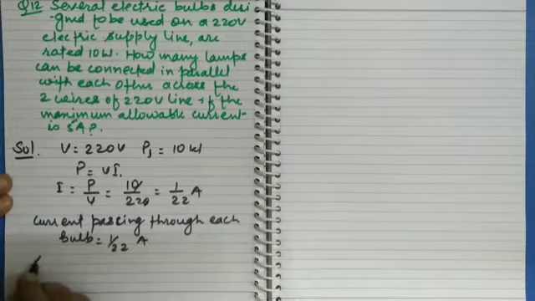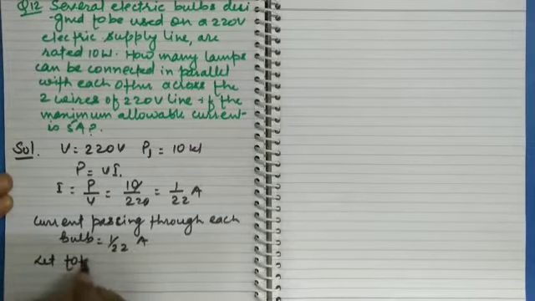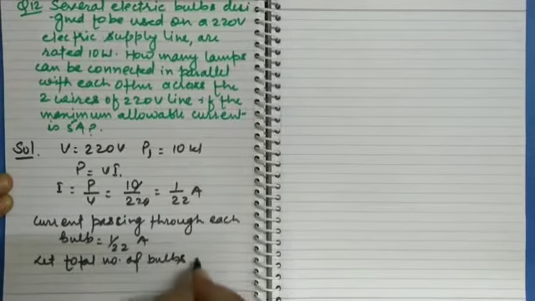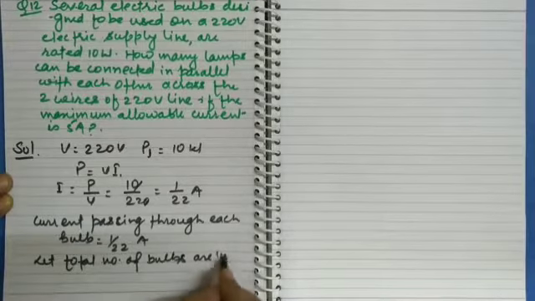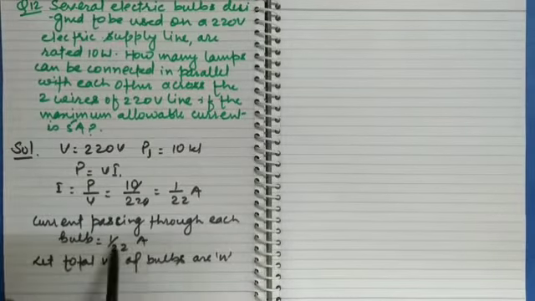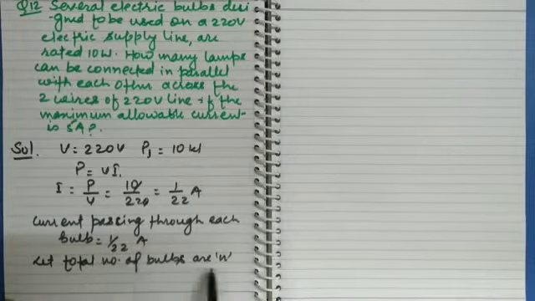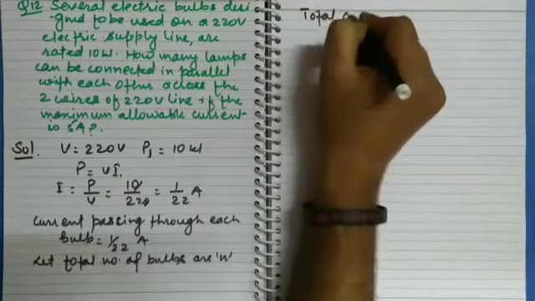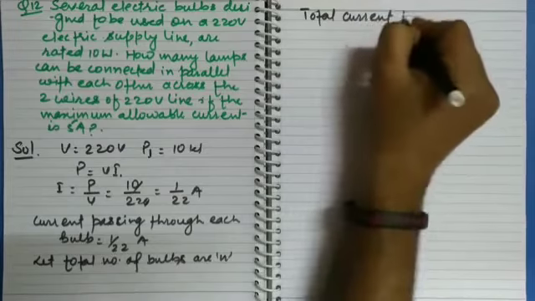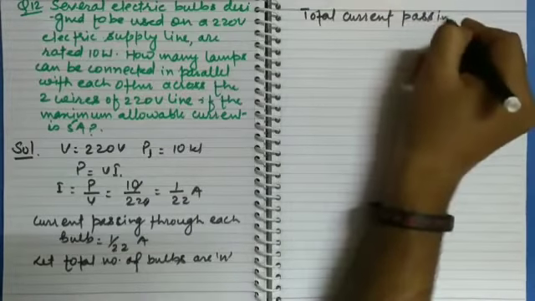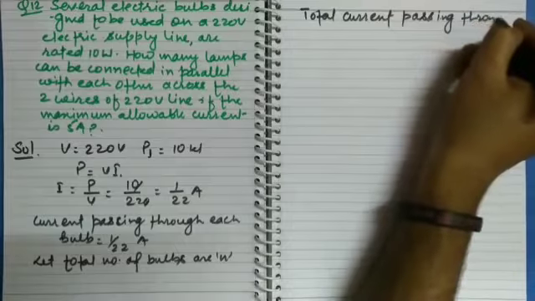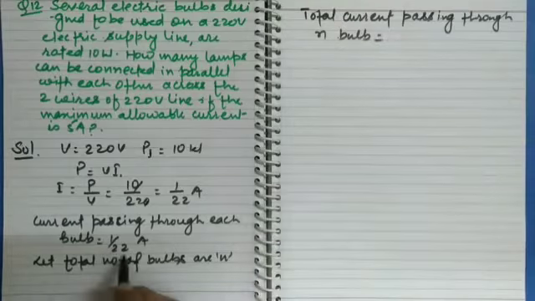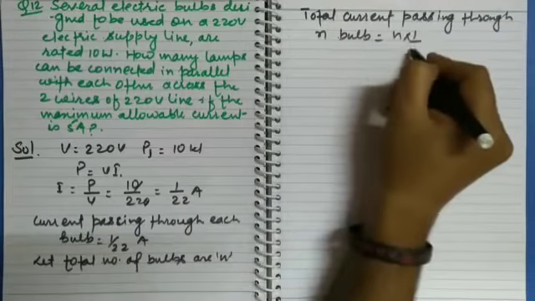Now let the total number of bulbs be n. If 1 by 22 ampere current passes through one bulb, then the total current passing through n bulbs will be n by 22 ampere.